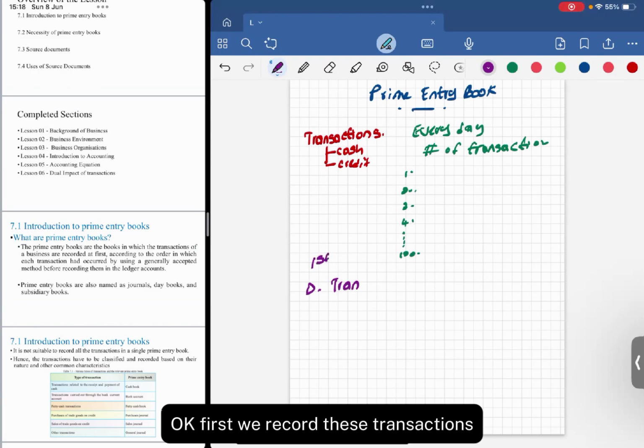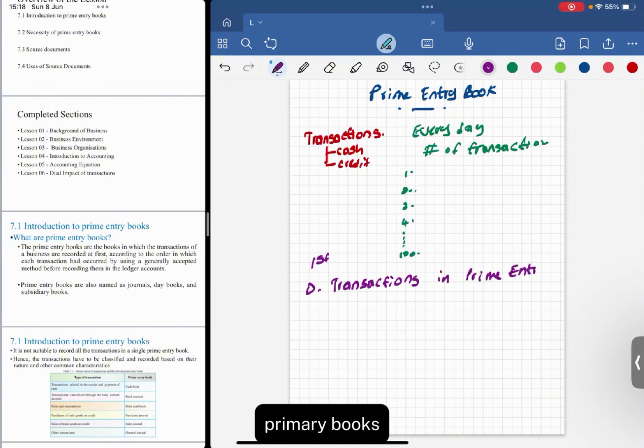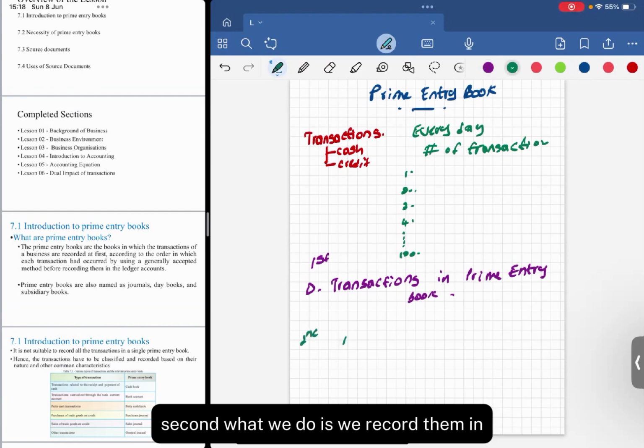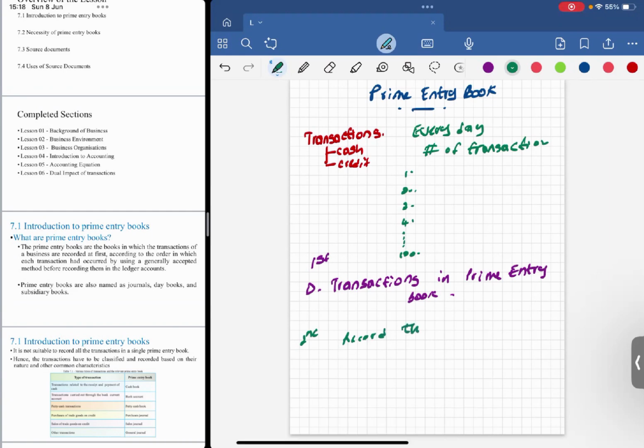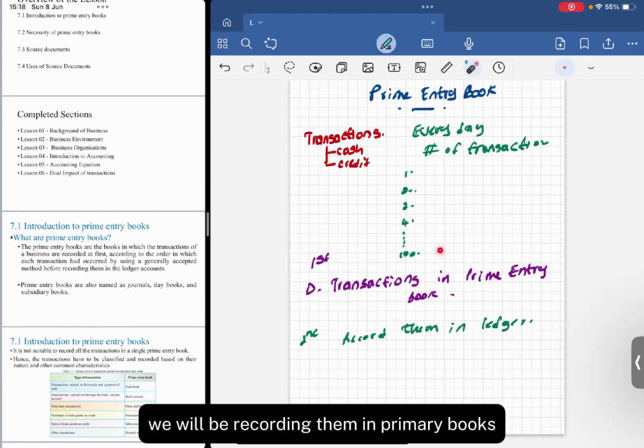first in prime entry books. Afterward, second, we record them in ledgers. So first we will be recording them in prime entry books, and then we are recording them in the ledger.